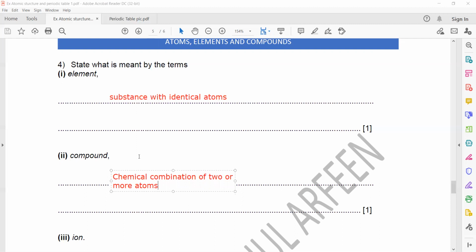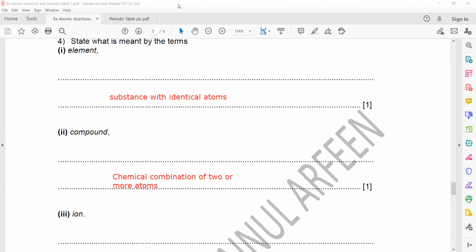We call that a compound. And how do we define the term ion? The particle which contains a different number of protons and electrons. An ion can be positive or negative, with a different number of protons and electrons.